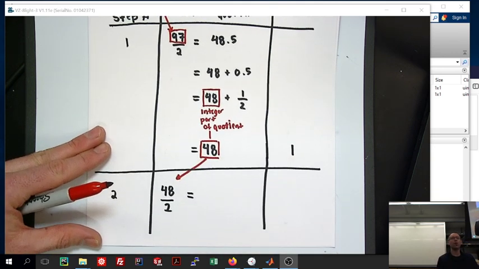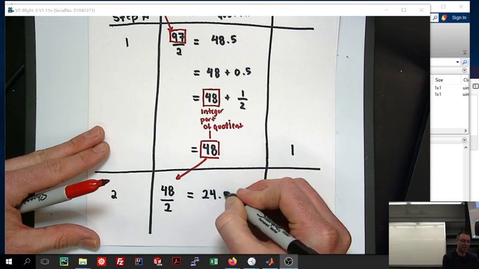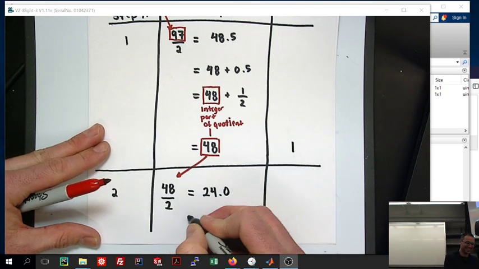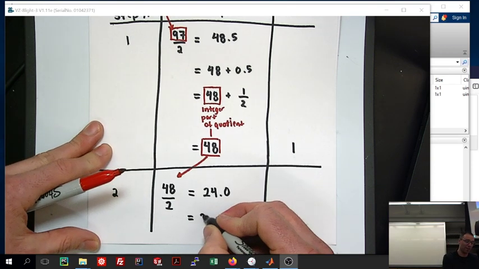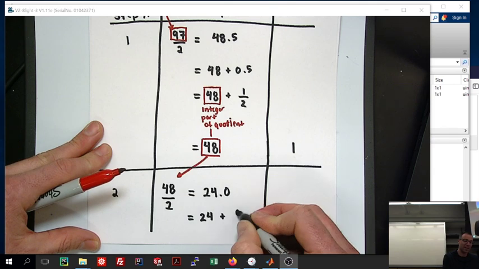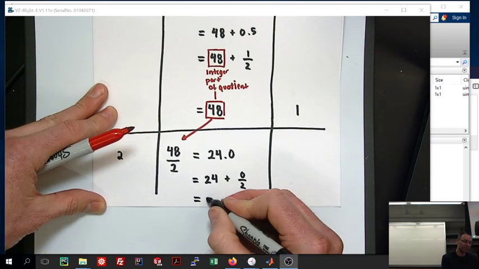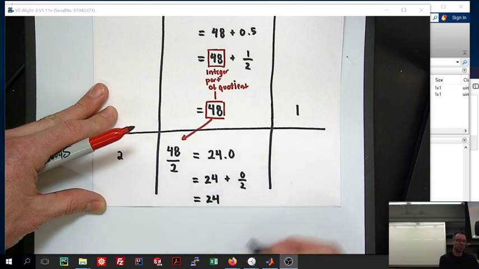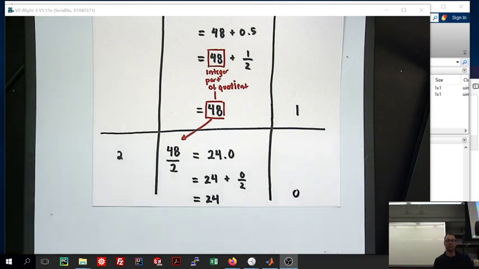What is the output of 48 over 2? 24.0. Today is Wednesday, right? So it must be 24.0. What is 24.0? Well, it's 24 plus 0 over 2. What's the integer part of that quotient? 24. What's the remainder? 0. Anybody see a bit string?